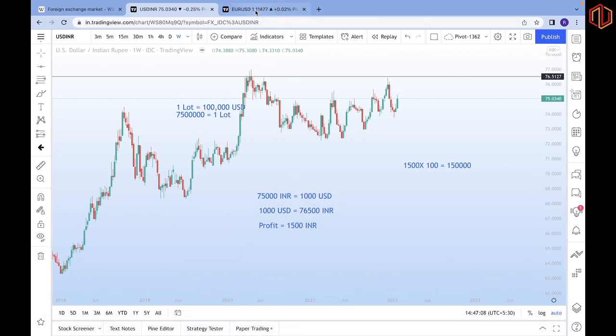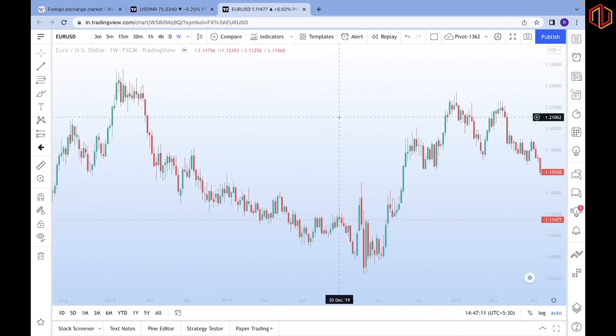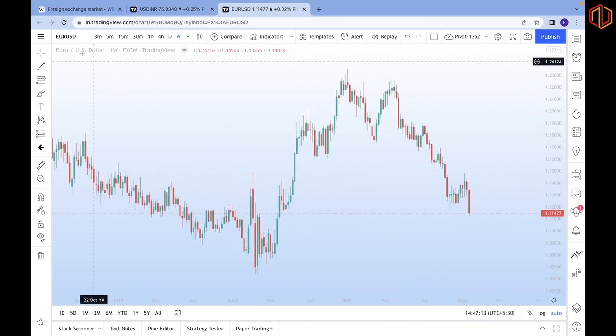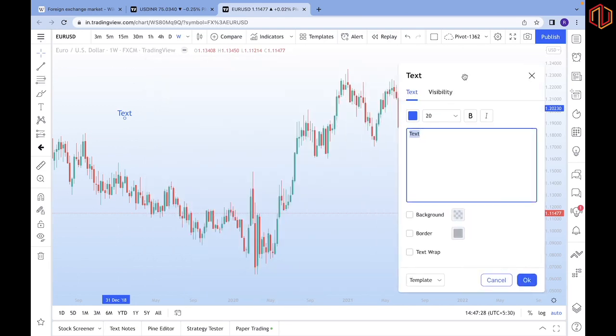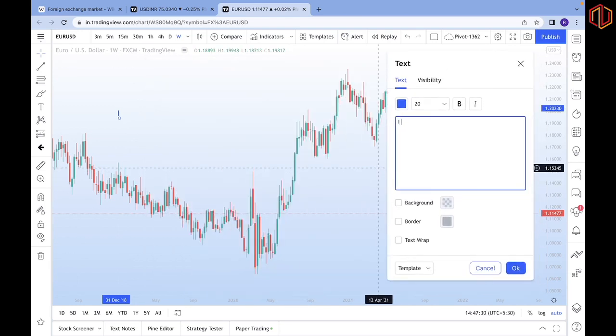Now let's take another example of a different currency pair, which is one of the most popular currency pairs in the world, which is Euro USD. Okay, so in this case, if we say that 1 Euro USD is equal to 1.15245, this simply means that €1 is equal to 1.15245 USD.